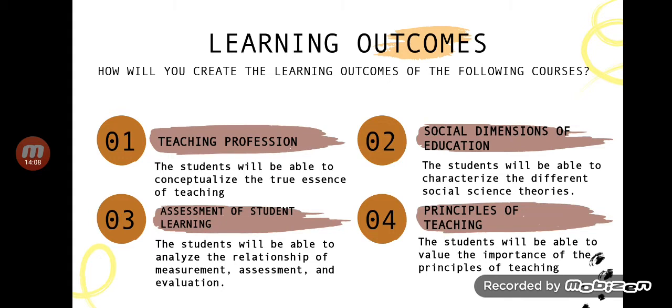From the point of view of LOTS or lower order thinking skills, it all started from remembering or the simple recall, that is already knowledge, moving up to application. So down to knowledge, we have comprehension, and then application. They belong to lower order thinking skills.